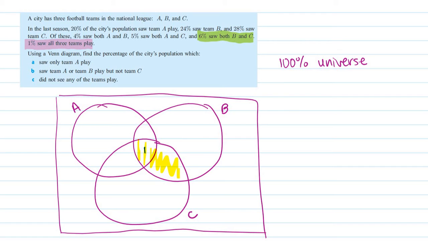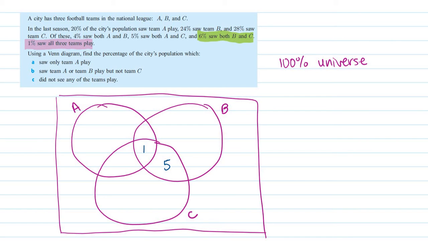But 1% is already spoken for, so we subtract that 1% from the 6%, and we end up with 5%. Notice that the whole almond represents 6, and inside that little triangle on the inside is still 1.